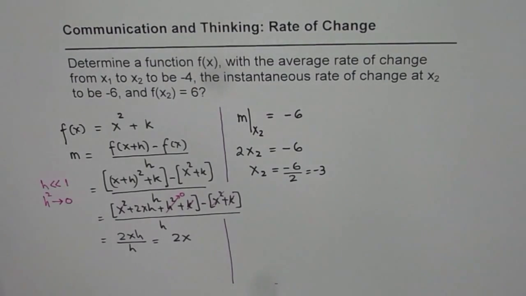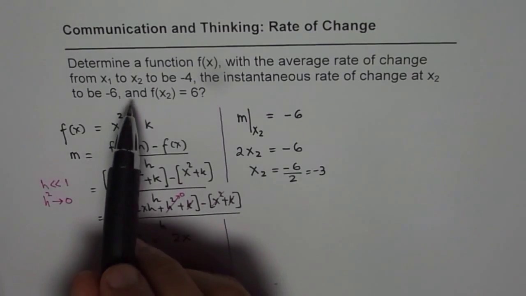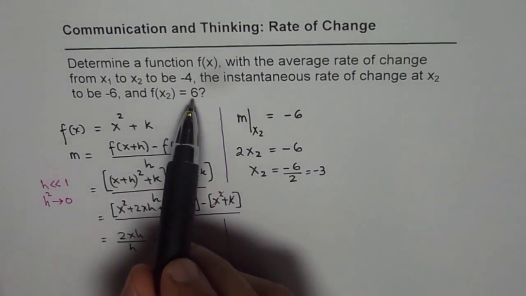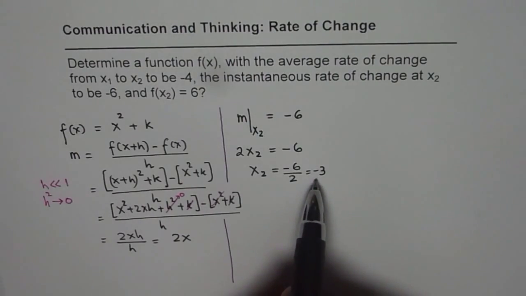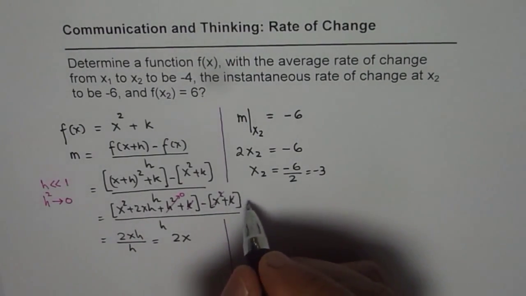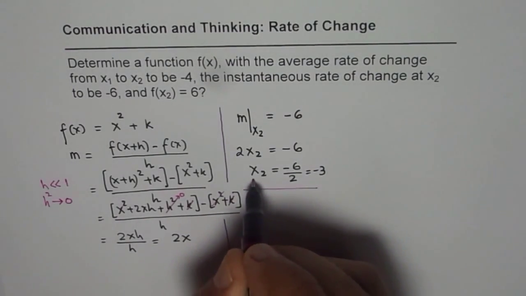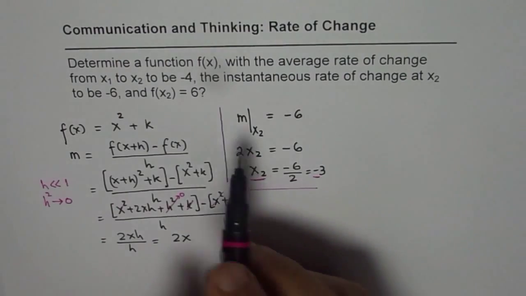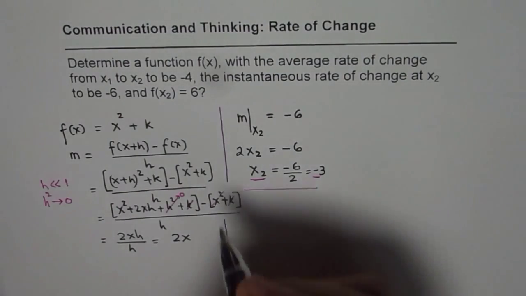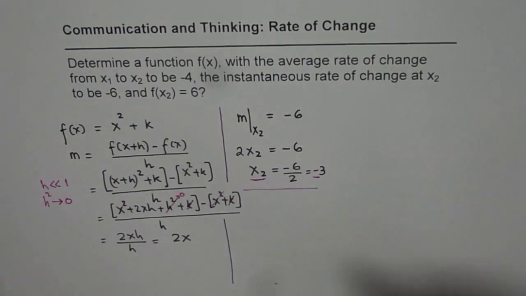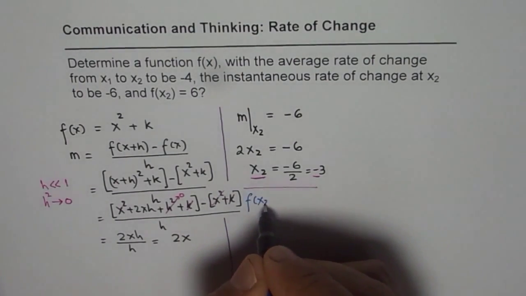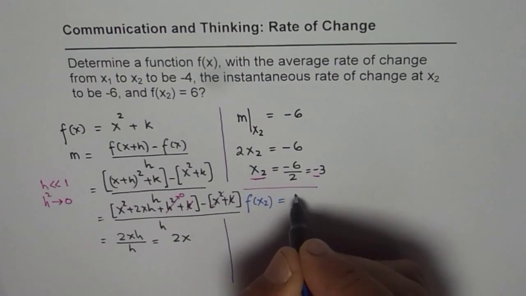So we know that point x2 is minus 3 for our function f of x equals x squared plus k. Now we also know that f of x2 should be equal to 6. That should help us to find the value of k. So x2 is minus 3 for us, okay? Now, f of x2 is equal to 6.